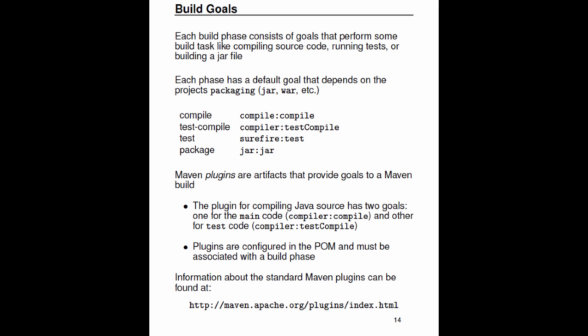So build phases execute goals in various plugins. So there's like a goal for compiling. There's a goal for running unit tests, for building a jar, things like that. And each one of these build goals is associated with a plugin. So a Maven plugin defines a bunch of goals that plugin supports.